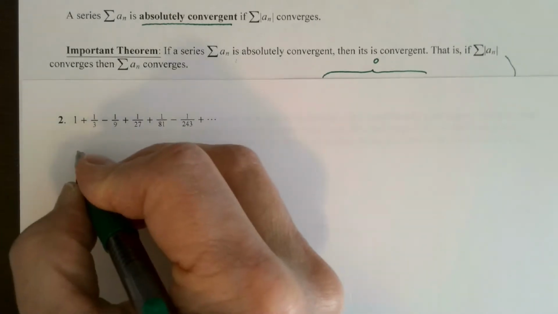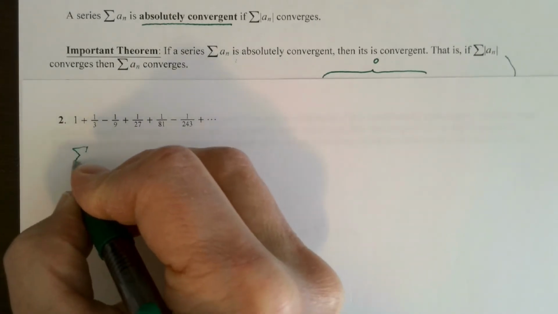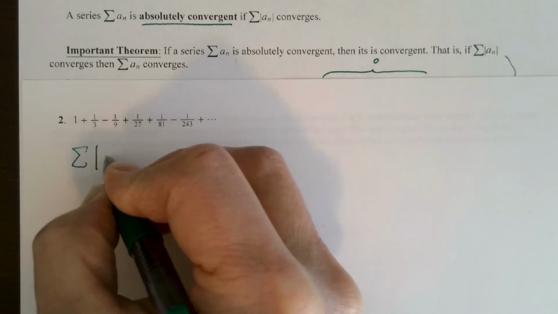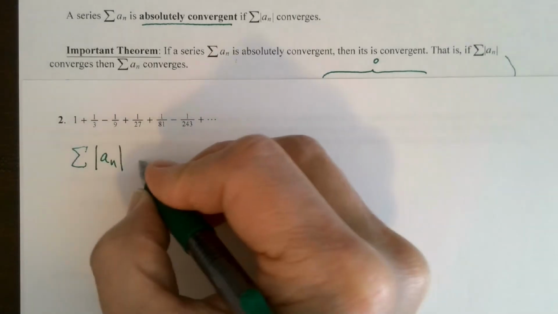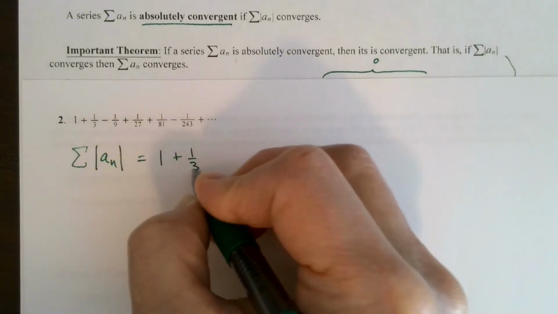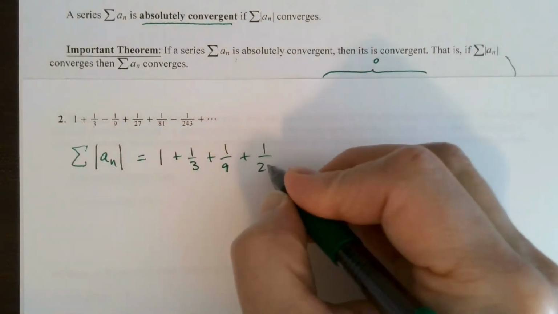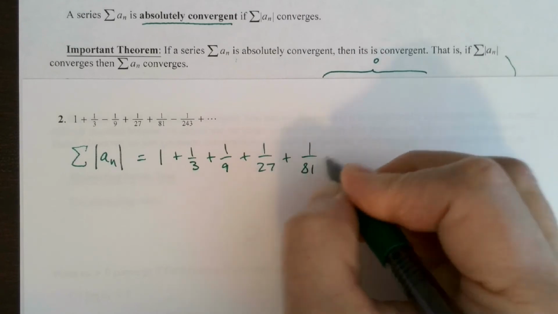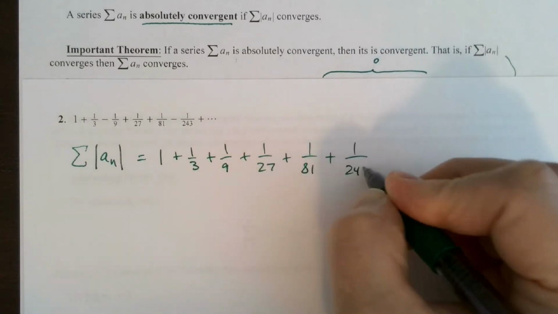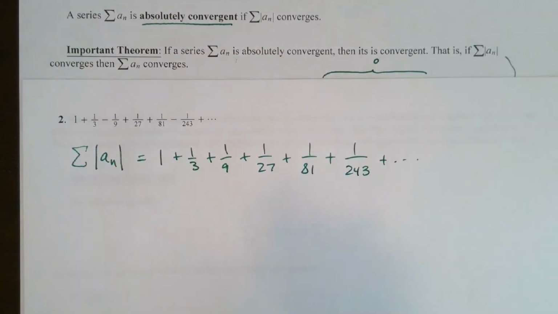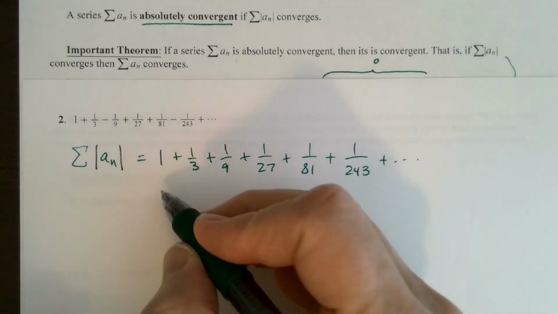But again, if I look at the absolute value of the terms, let's call these terms a sub n, then of course I just get 1 plus 1/3 plus 1/9, right? That negative 1/9 becomes positive, and so on. So let's look at that one. What kind of series is this?